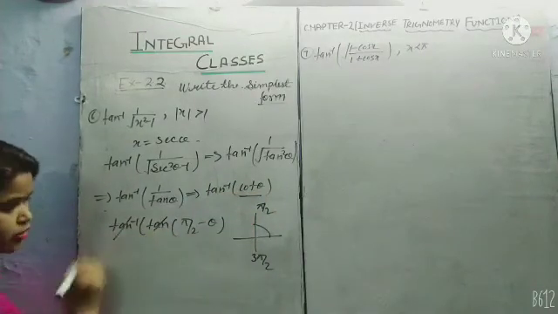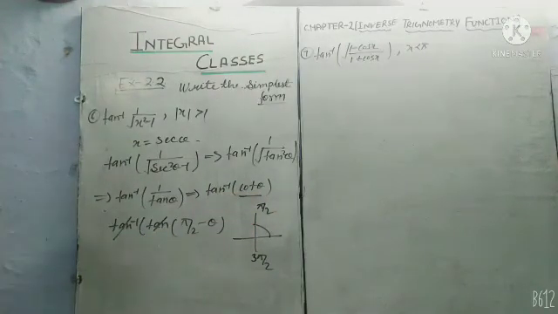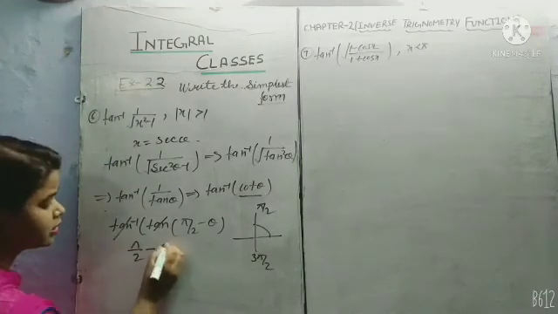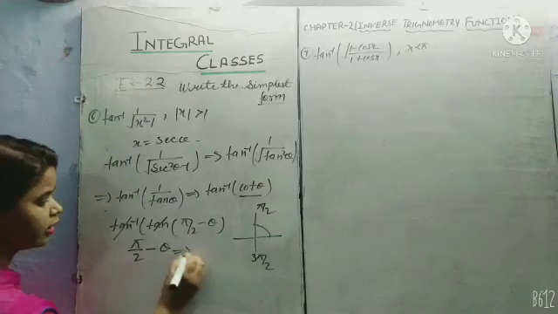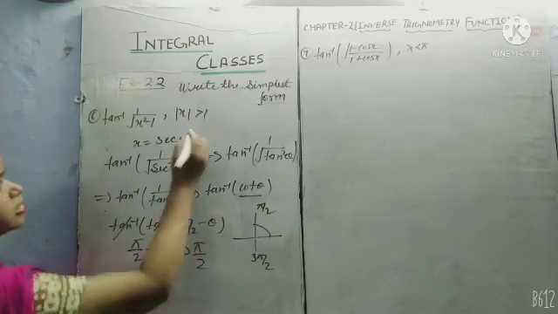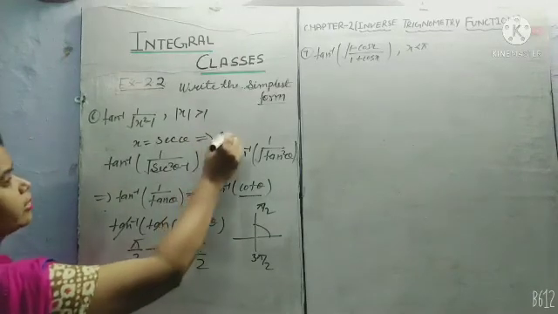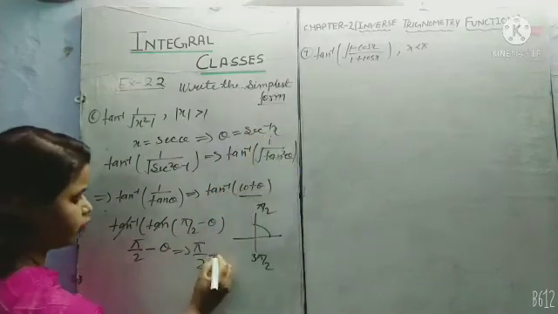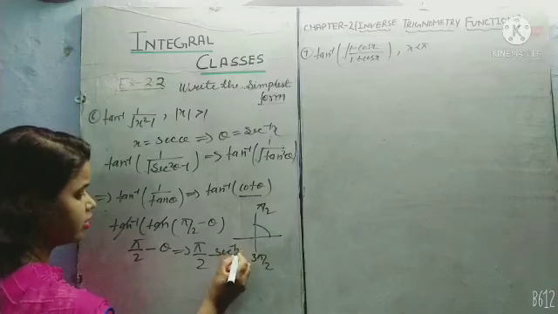So these are cancelled to each other. So the remaining is pi by 2 minus theta, where theta is equal to sec inverse x. So we will put here sec inverse x.